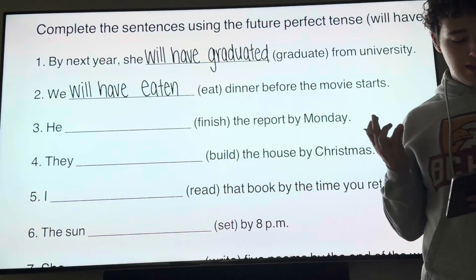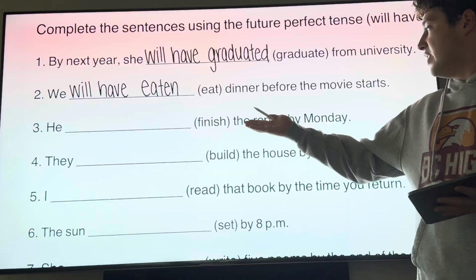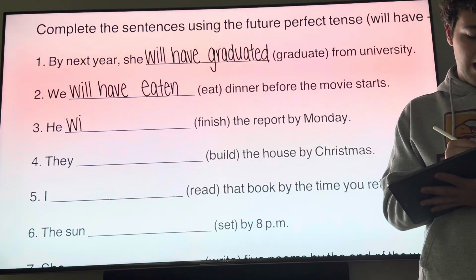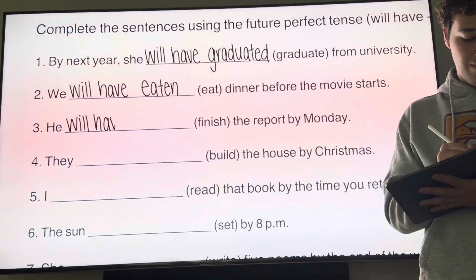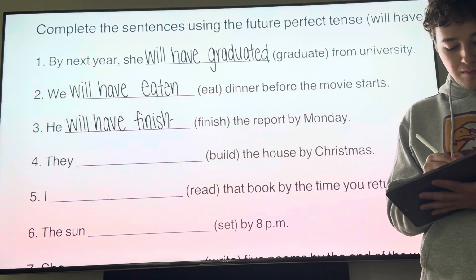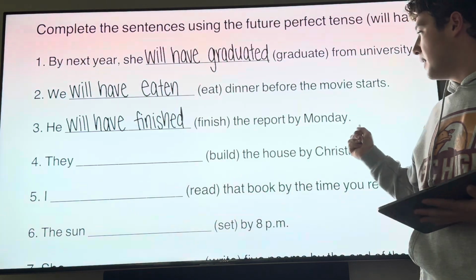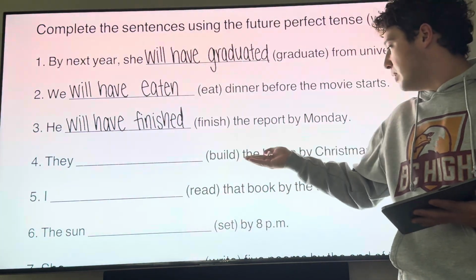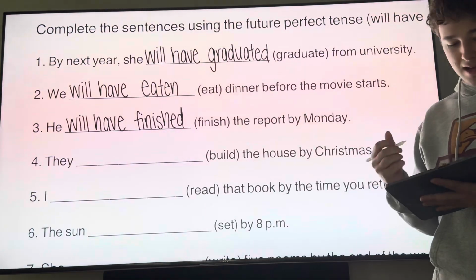Number 3, he blank finished the report by Monday. He will have finished the report by Monday. 4, they blank build the house by Christmas.